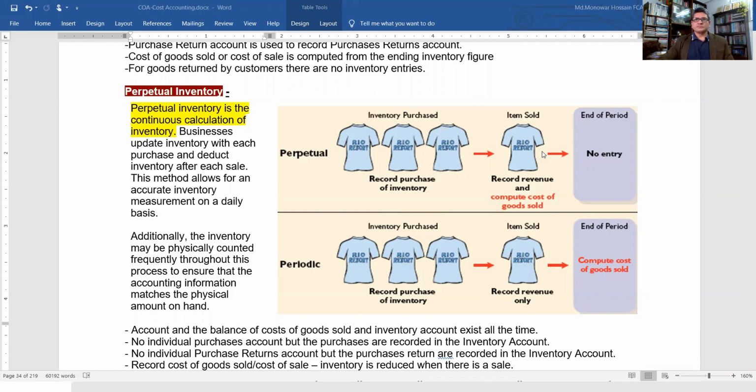When an item is sold, record revenue and compute cost of goods sold. At year end, no entry. But in the periodic system, when inventory is purchased, record the purchase; when an item is sold, record the sale only. At the end of the year, compute cost of goods sold.